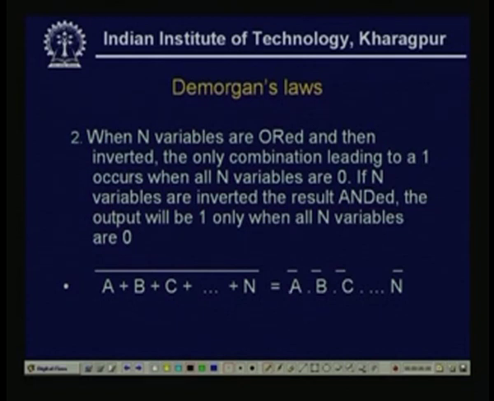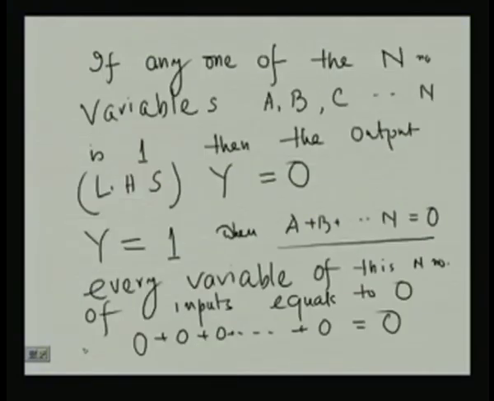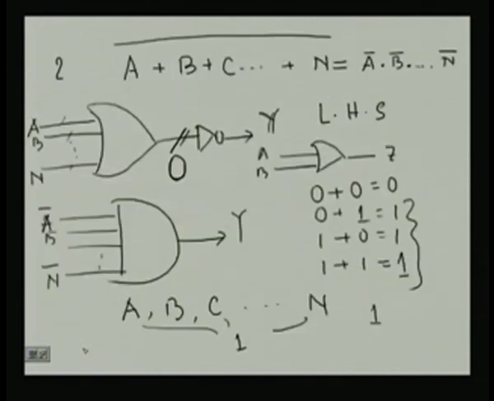the previous one, that means see right hand side is an n input AND gate, and all the inputs are inverted variable.